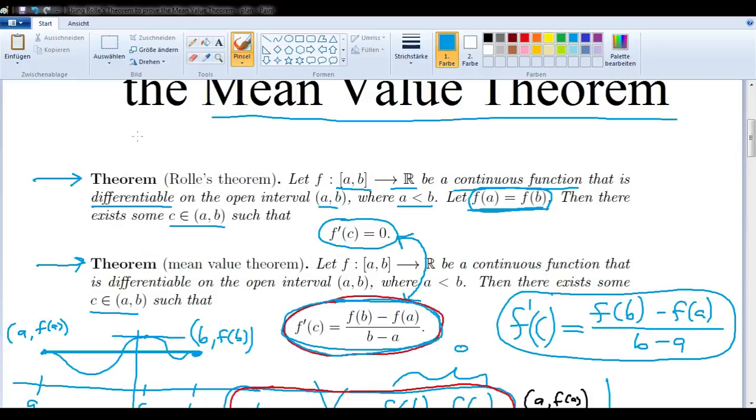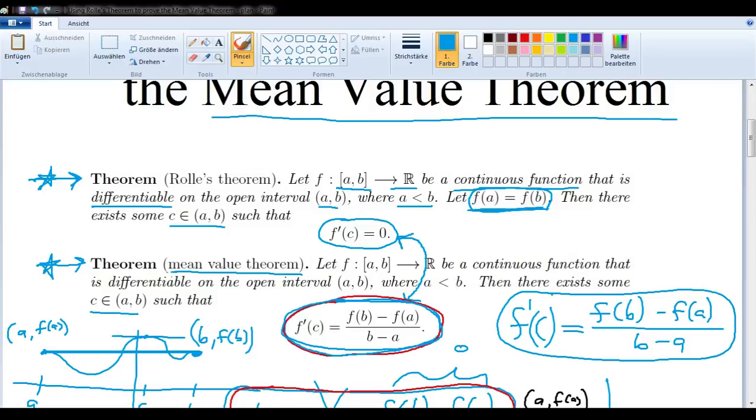So we want to use Rolle's theorem, this special version of the mean value theorem, to prove the mean value theorem itself. And this in and of itself is quite interesting. We're using a special case, namely Rolle's theorem, to prove a general case, namely the mean value theorem. Now the other way around would also be possible, right?